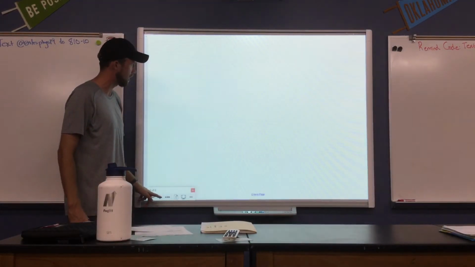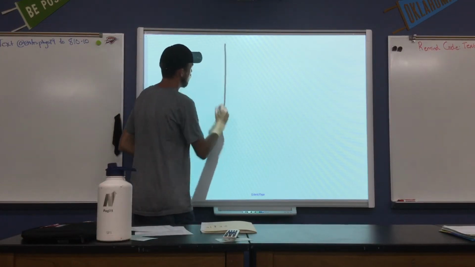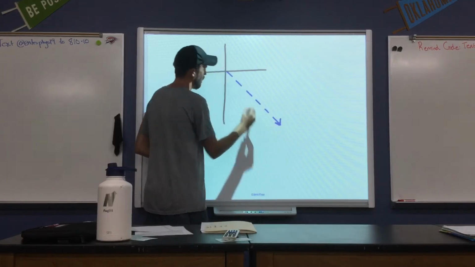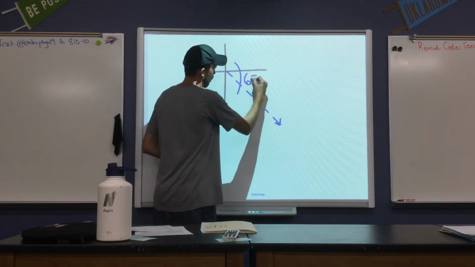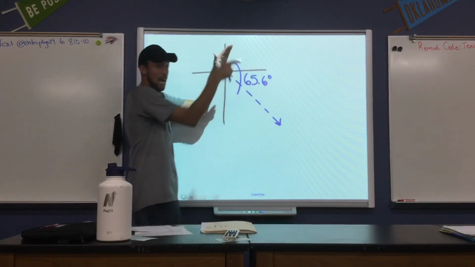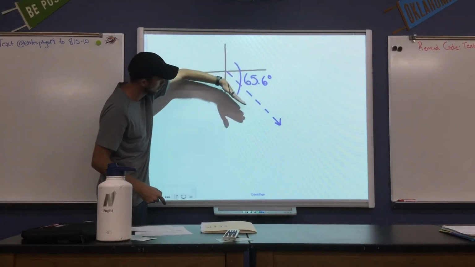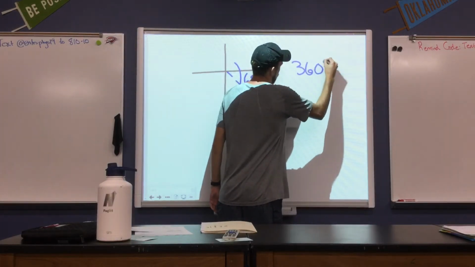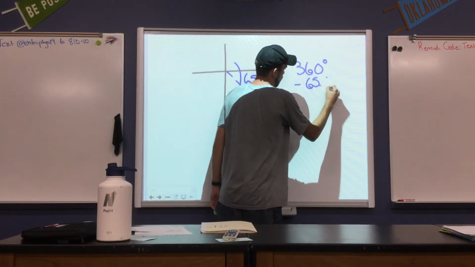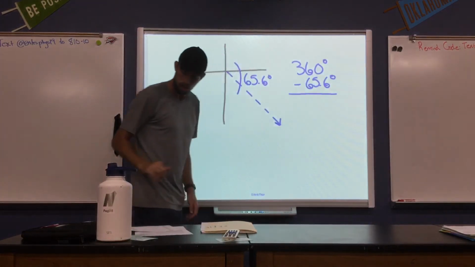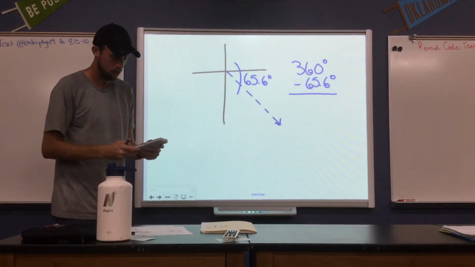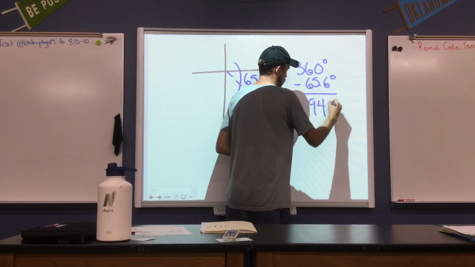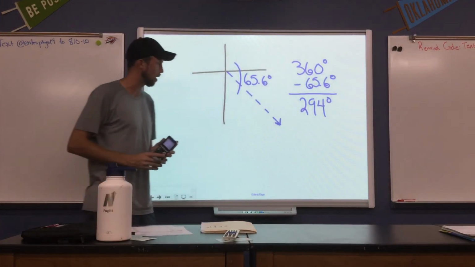So, to put that in context, think this way. We found that our angle is 65.6 degrees down from the horizontal, which means we can subtract from 360. So 360 minus 65.6 degrees. We should get about 294.4, which we can just round to 294 degrees.